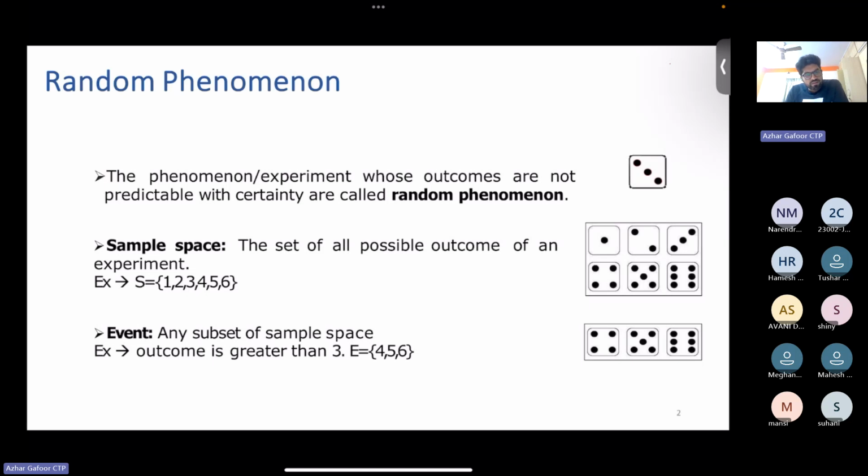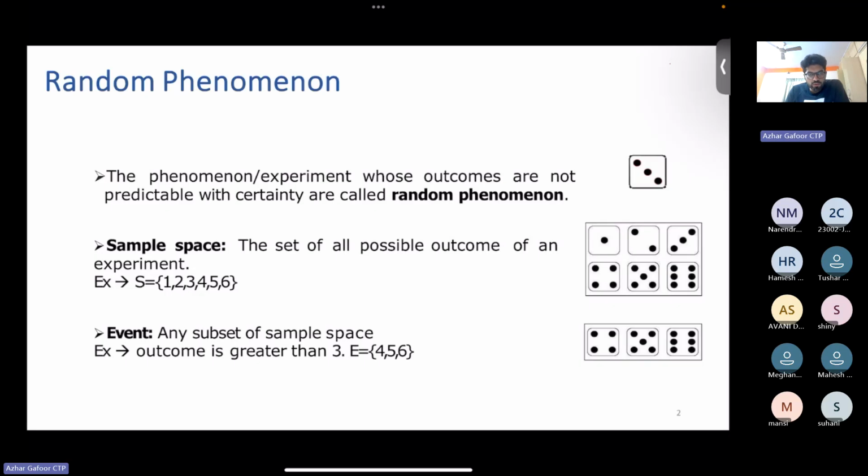A random phenomenon or experiment is a process whose outcomes are not predictable with certainty. Let's say we are rolling a dice. We cannot be certain that a particular number will come on every trial, right?